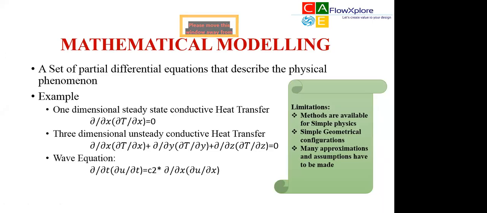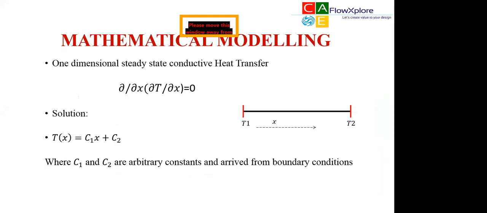Okay. Let us take some simple examples: one-dimensional conductive heat transfer, three-dimensional conductive heat transfer, or the wave equation. These are simple examples which were converted into mathematical form. Maybe I can ask you to go to the next slide. Yes, this is the slide I want.